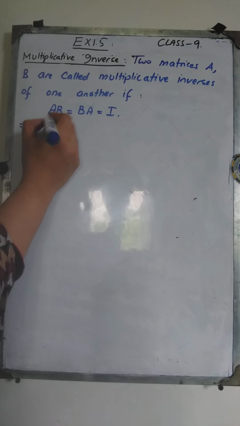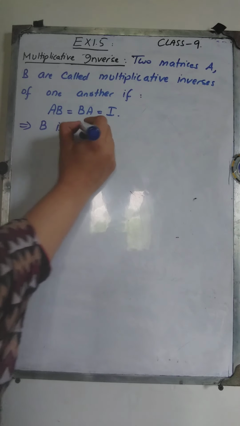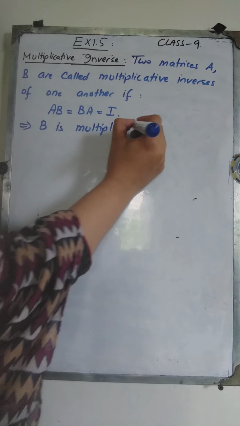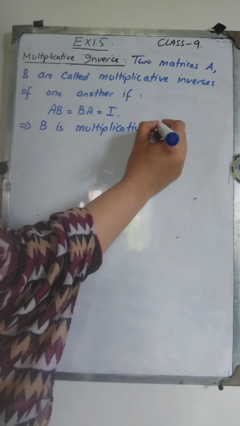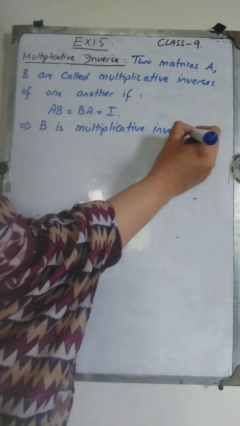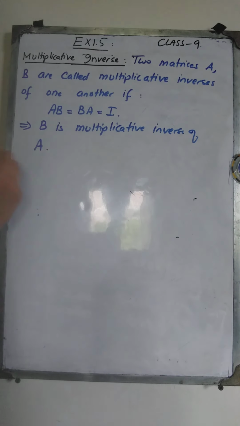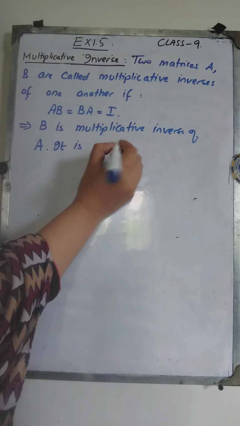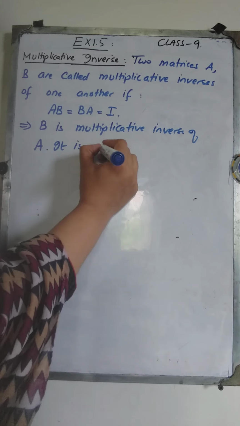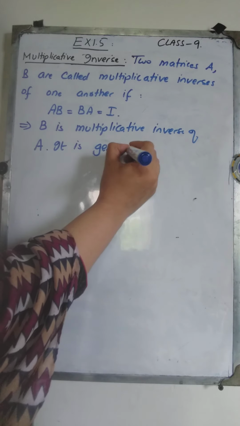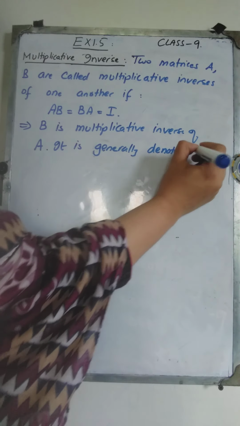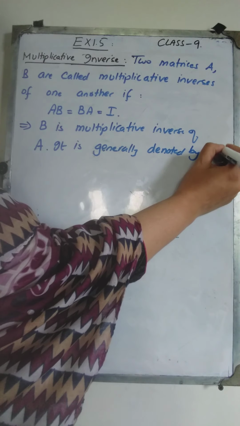This implies that B is the multiplicative inverse of the matrix A, and it is generally denoted by A inverse.